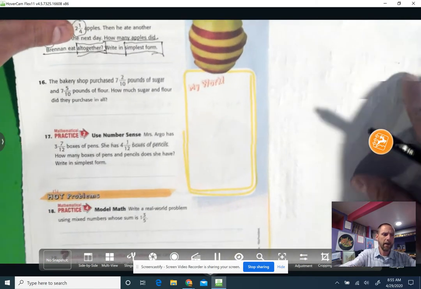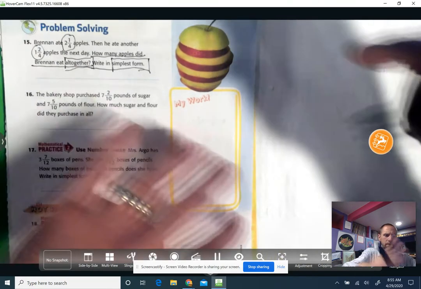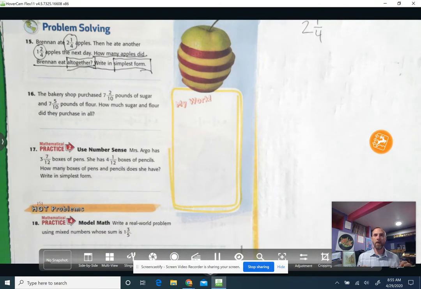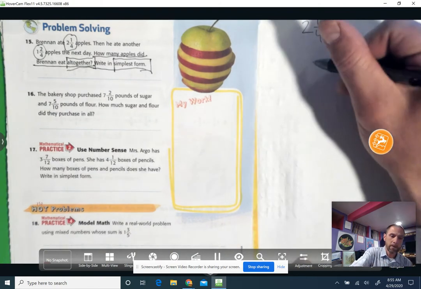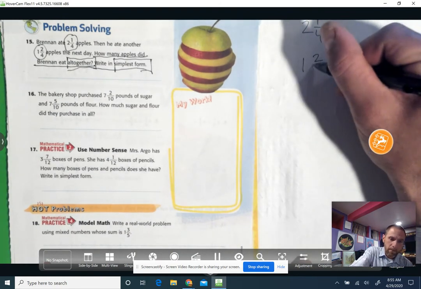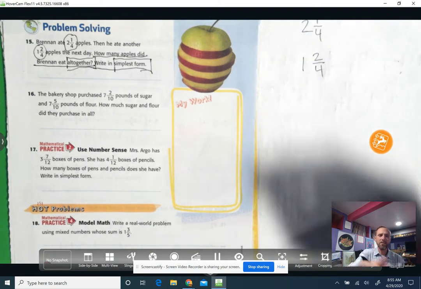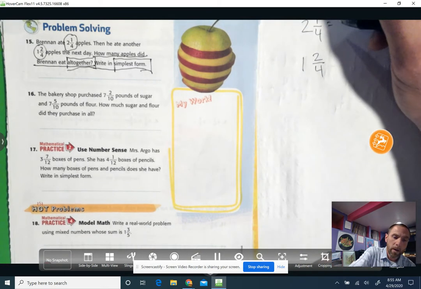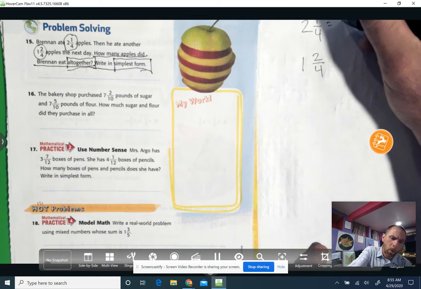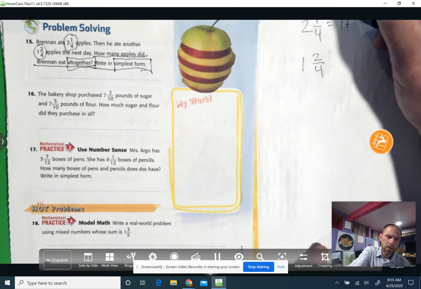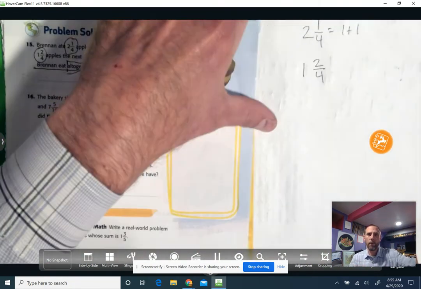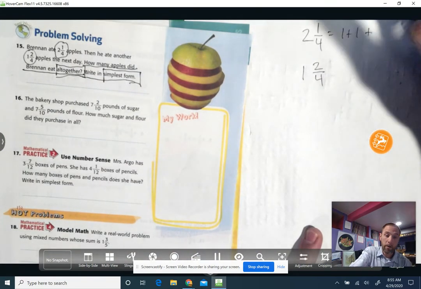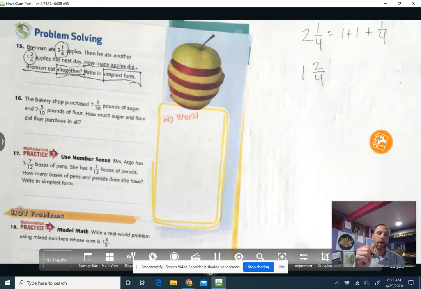We had 2 1/4 apples. Okay. And then we had 1 2/4 apples. So essentially, to get 2 1/4 apples, we had 1 whole apple plus 1 whole apple plus another 1/4 of an apple.